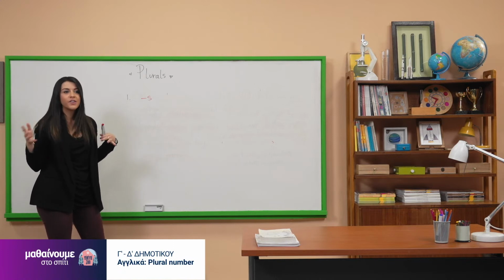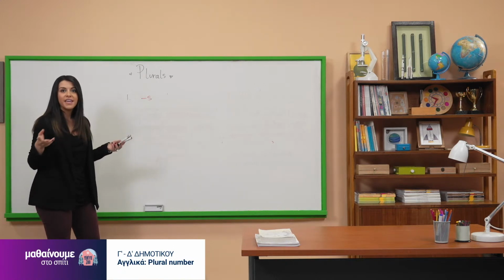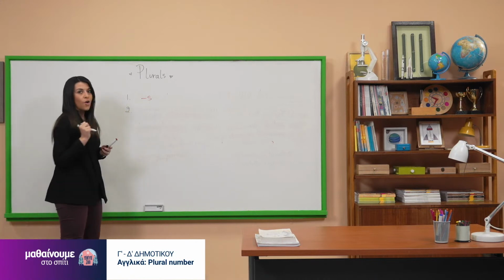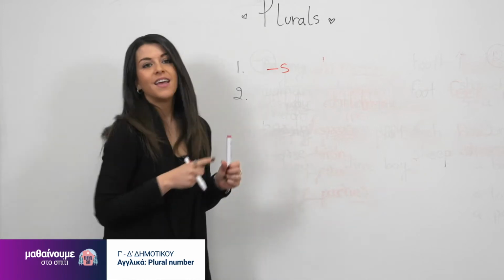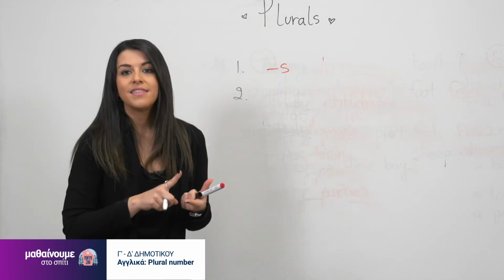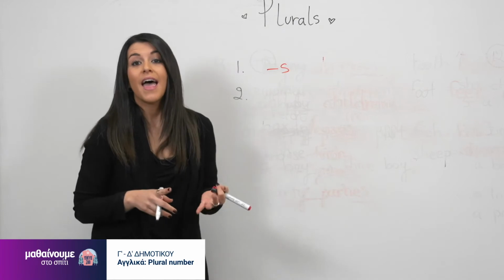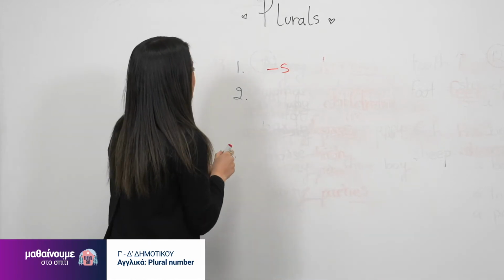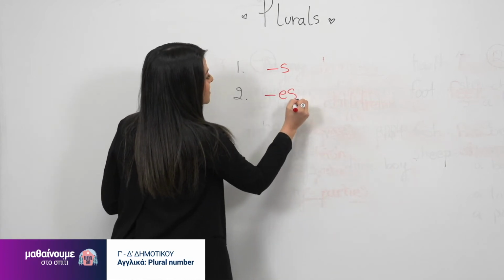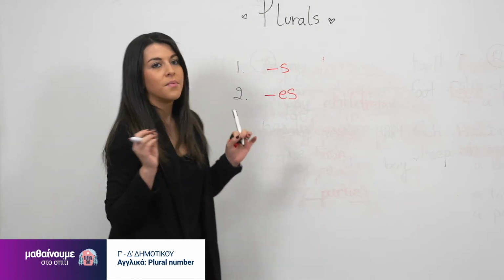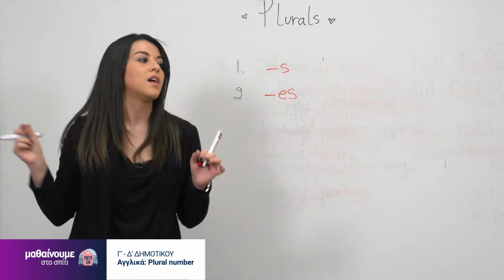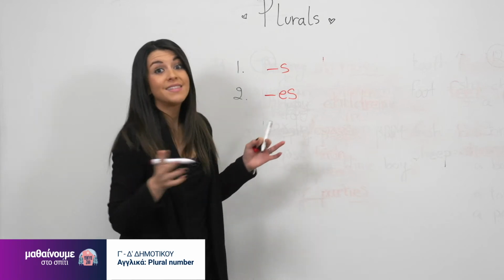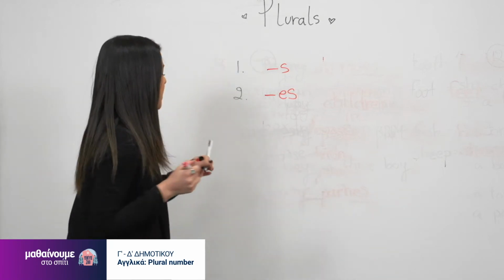Pen, pens, marker, markers, board, boards, table, tables, etc. Number two. When we have S in the end, SH, CH, X, okay, and O sometimes, we put in the end ES, okay? Box, boxes, fox, foxes, potato, potatoes, brush, brushes. So dress, dresses, right? There are many words.